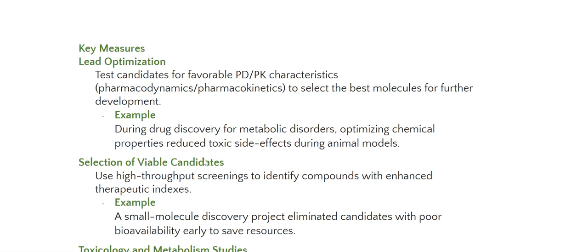Selection of viable candidates: use high throughput screenings to identify compounds with enhanced therapeutic indexes. For example, a small molecule discovery project eliminated candidates with poor bioavailability early to save resources. Toxicology and metabolism studies run preclinical models to establish safety margins and predict human tolerability. The outcome here: discovery evaluations ensure that compounds chosen for clinical trials demonstrate strong therapeutic relevance while meeting safety criteria.